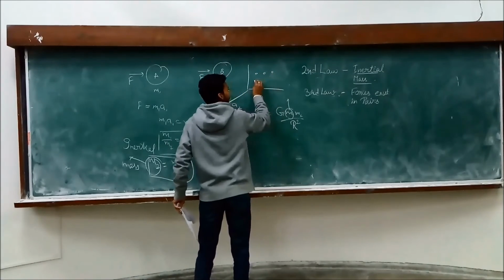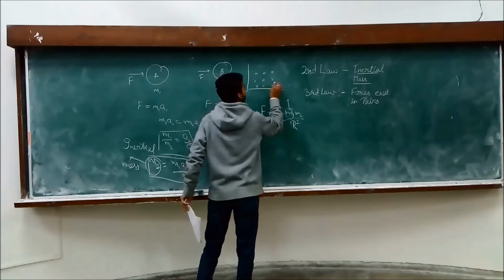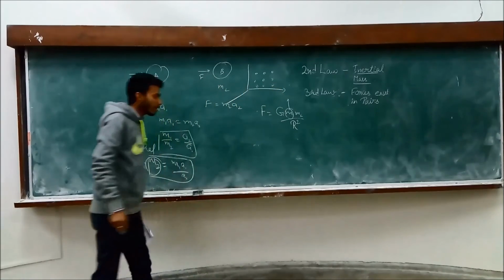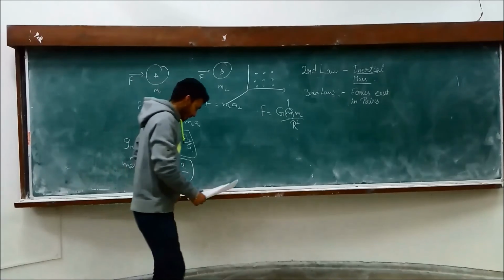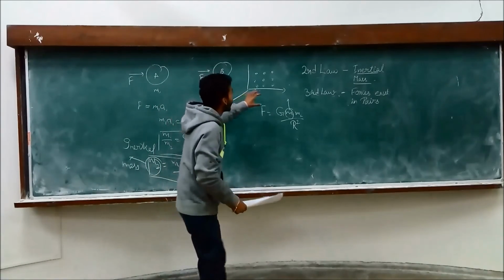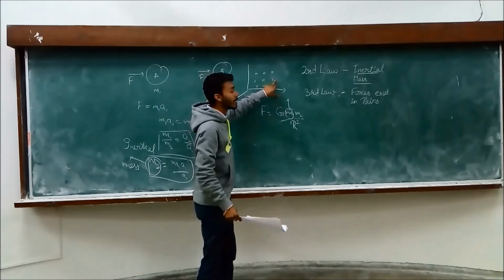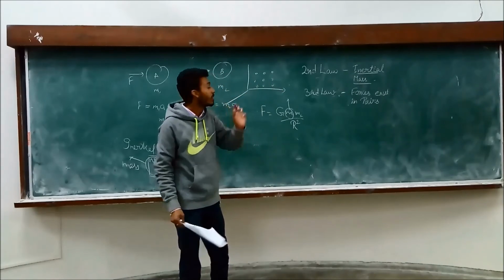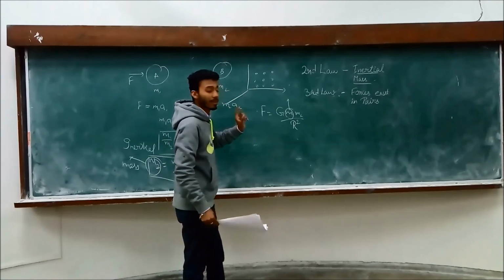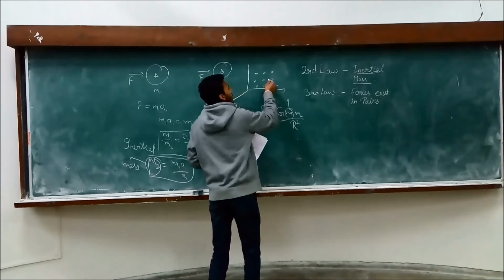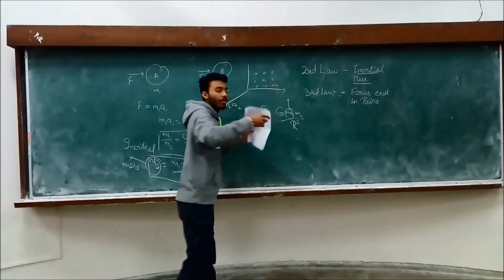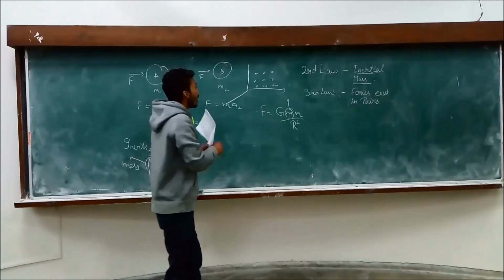We have an inertial reference frame in which we have some particles. We will never find a single particle that is accelerating, and all these particles are at rest, or some of the particles are moving with a constant velocity.